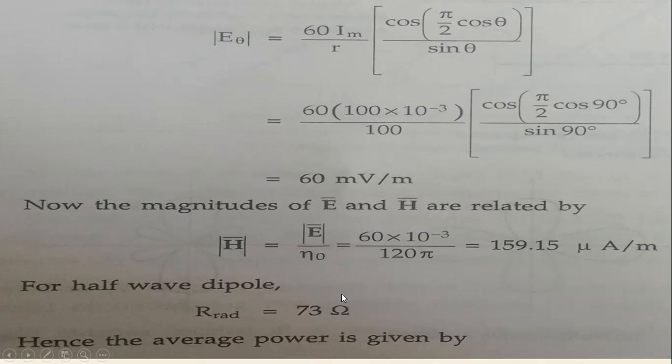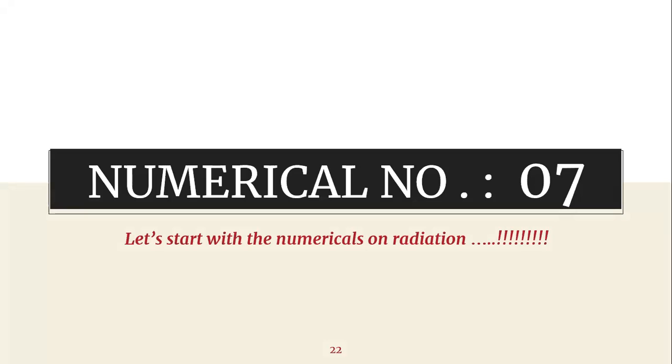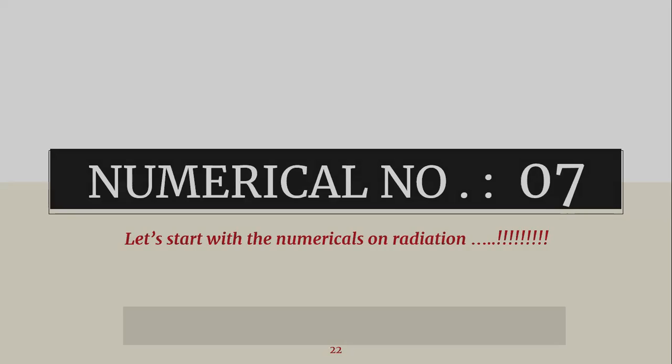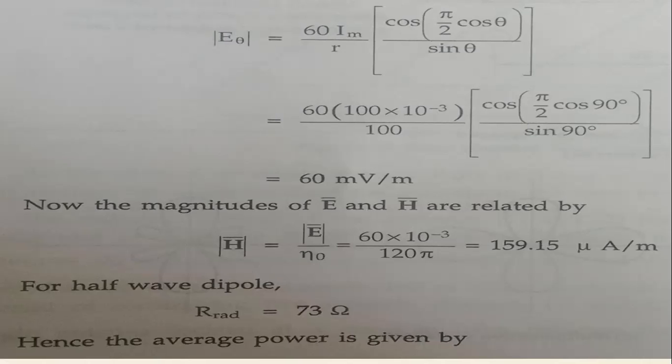Later on, for the half wave dipole, how can we find the radiation resistance? With the help of the expression we are aware of, 73 ohm is the radiation resistance. Hence the average power can be found with the help of this radiated power.